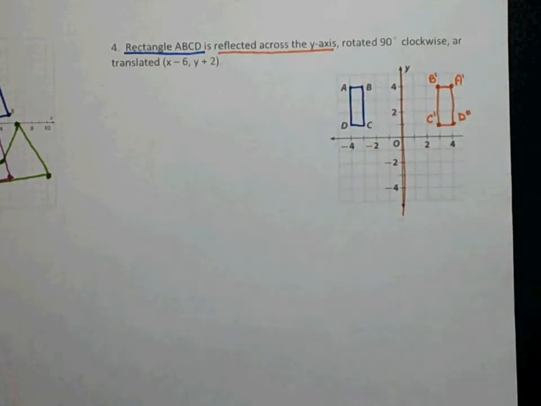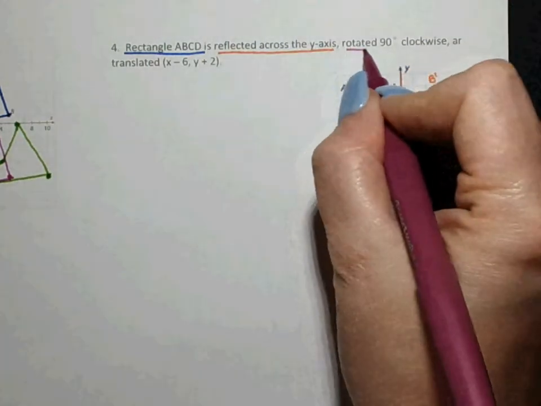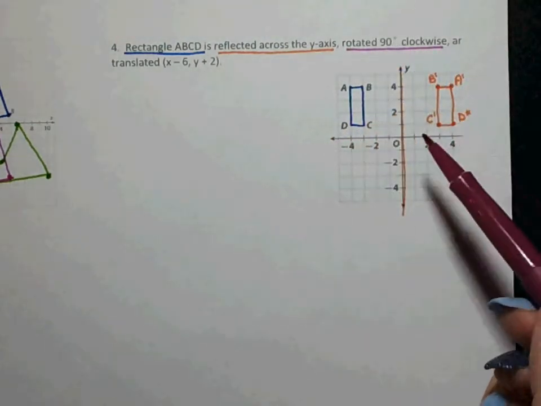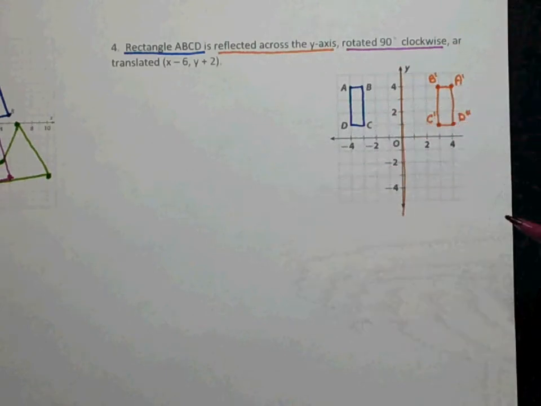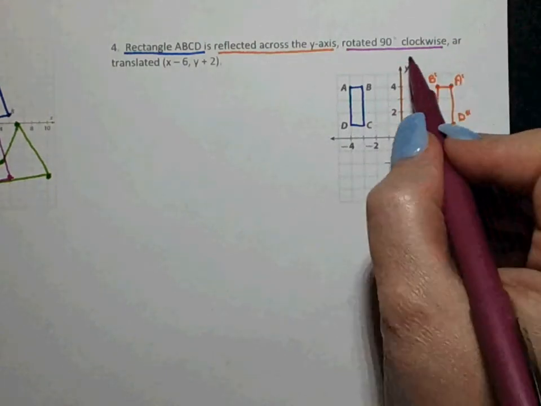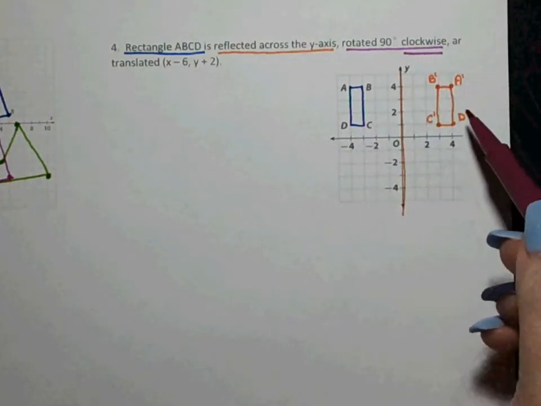Alright, so now I want to rotate 90 degrees clockwise. So I know that we kind of stressed the fact that when we are doing a rotation, we always rotate counterclockwise. So if we were taking this and doing a rotation, we would rotate in that direction. But because it has noted it here, we're going to go in this opposite direction.